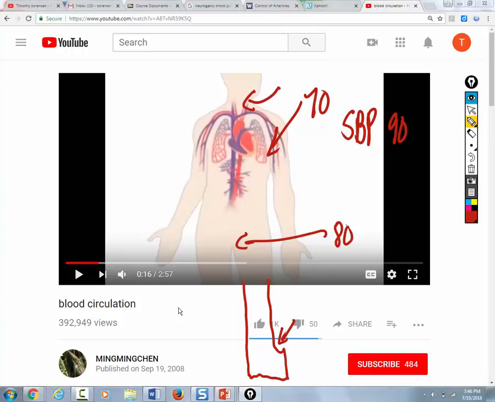If you can feel it in the axillary artery, they have a blood pressure of at least 70. And if you can only feel it in the carotid artery, they have a blood pressure of 60. That's how a doctor or a nurse can determine if somebody's in shock by feeling a pulse.